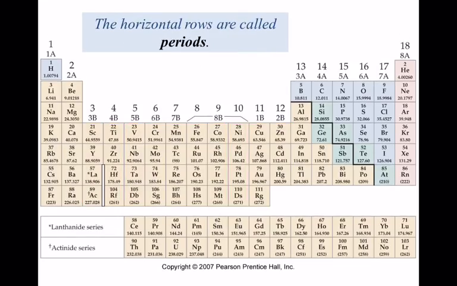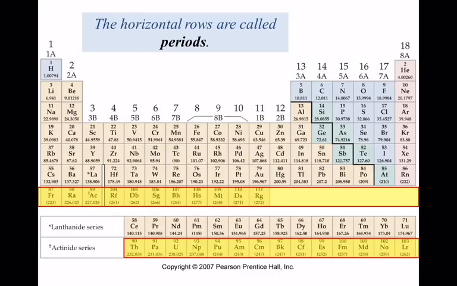So groups are the columns, and the rows are periods. On the periodic table that I handed out, just along the side, are little tiny numbers. So rubidium is period 5, cesium period 6, francium period 7, and all across here.